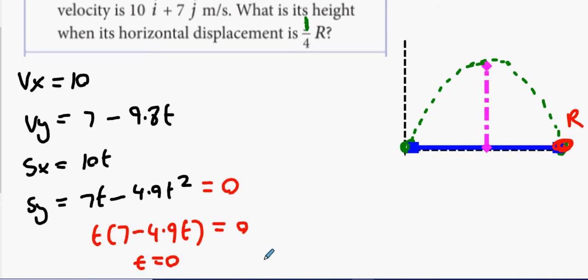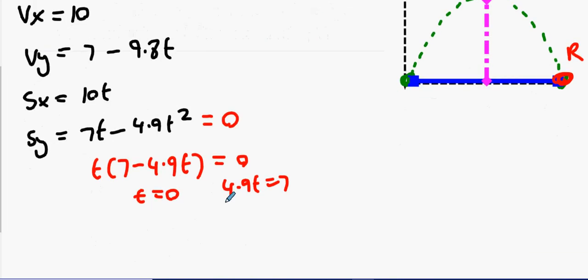We knew that already. And then you get 4.9t equals 7. 7 divided by 4.9 is 10 over 7. So t, time of flight, or TOF as I call it, is 10 over 7. Okay, we all okay with that?